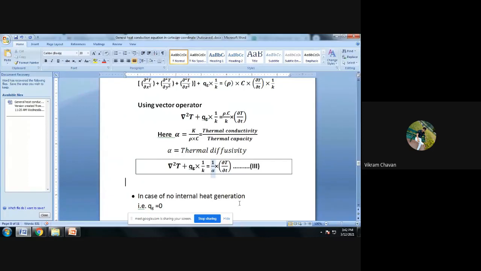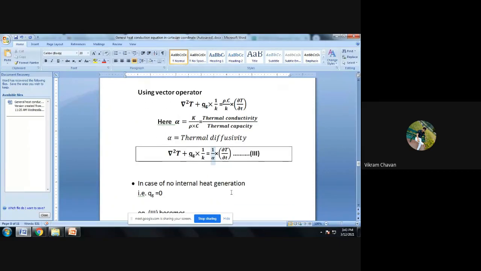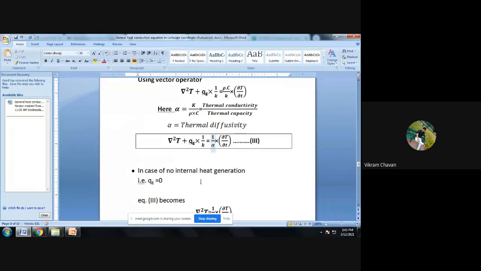Further, we discussed one more form of the general heat conduction equation. In that case, we considered that there is no internal heat generation in the element. If an element of a wall or any substance is not generating heat while we study that object, what equation do we apply to carry out the energy balance for heat conduction?